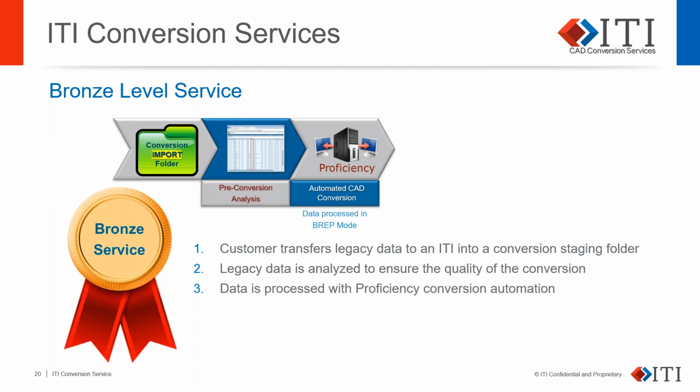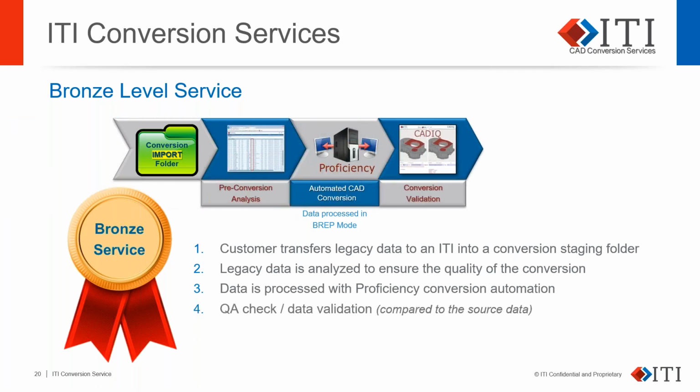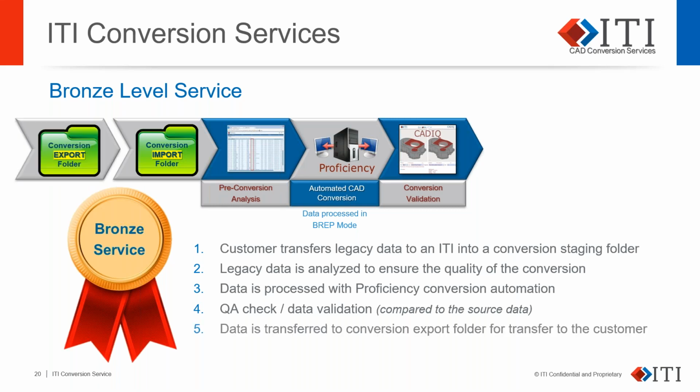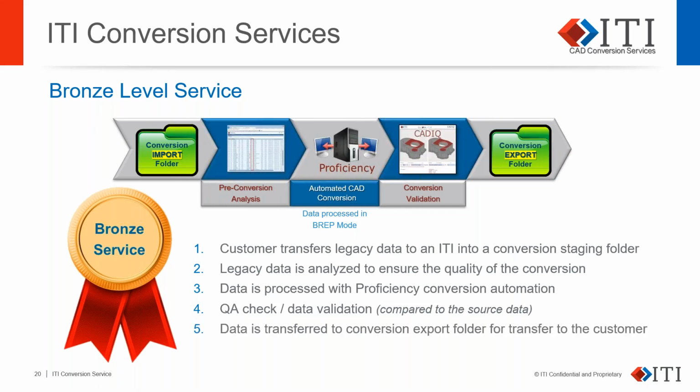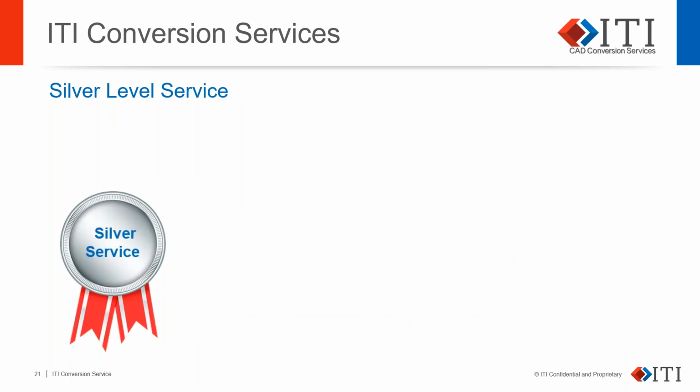In this case, because it's bronze services, this is just in BREP mode. We also have a validation software called CAD IQ, which compares the source and the target CAD model and checks for any deviations from the geometry, which is very useful, obviously. Then we will deliver a conversion folder back to the customer to be processed however they wish.